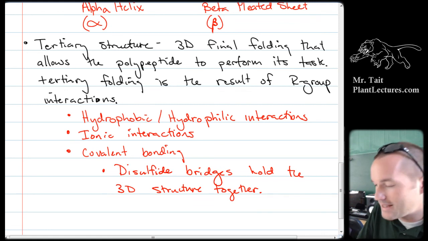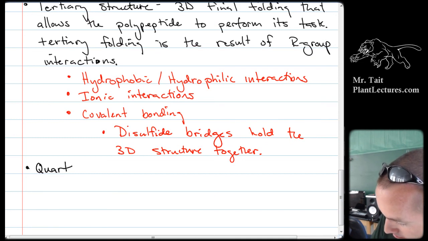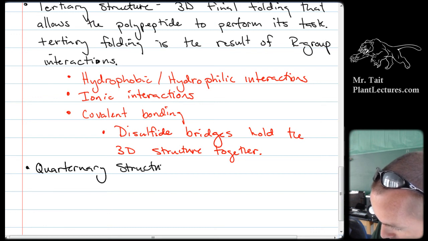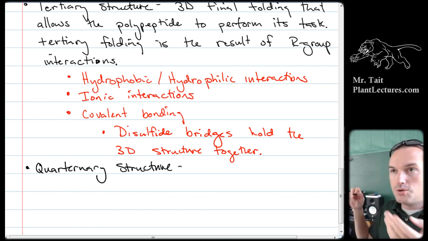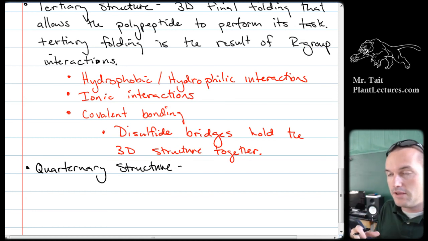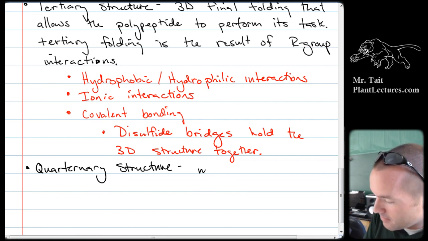Okay. The last thing, let's talk about the quaternary structure. Quaternary structure of proteins refers to multiple different folded polypeptides that come together to form a larger protein.